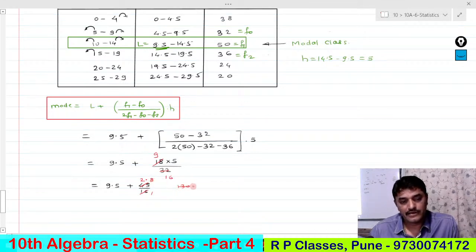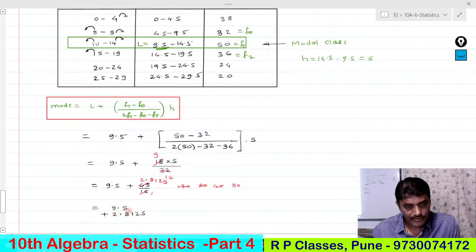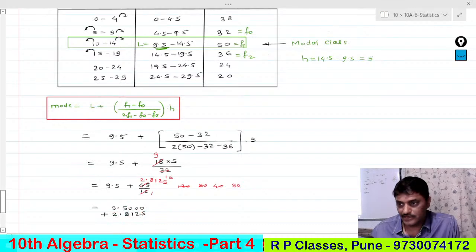Eight goes, one goes, two goes, five goes. So what is the answer that you get there? 9.5 plus 2.8125. So here 0 0 0 comes, correct?